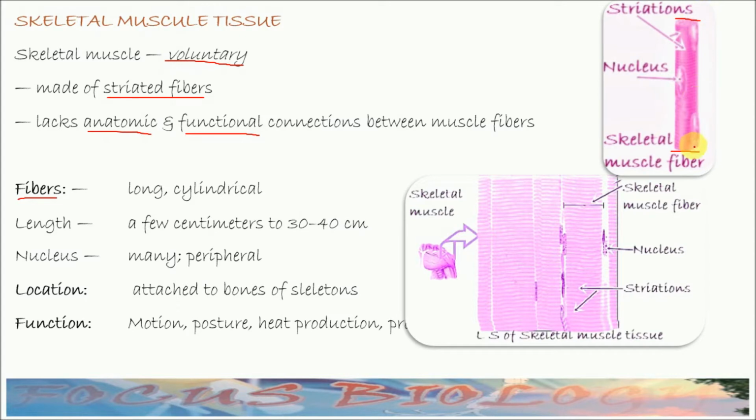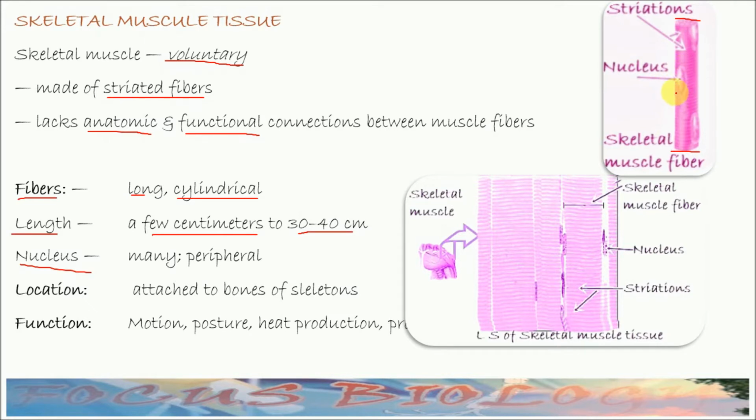So it is cylindrical and long. Length: its length varies from a few centimeters to 30 to 40 centimeters. Nucleus: they are multinucleate. It means it contains many nuclei.